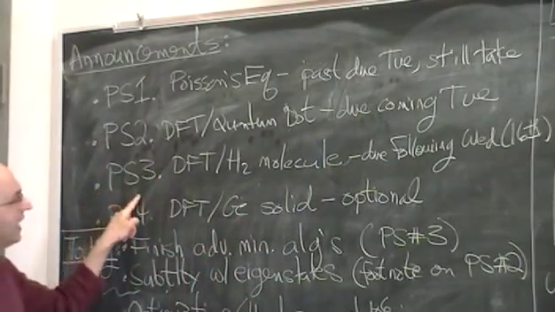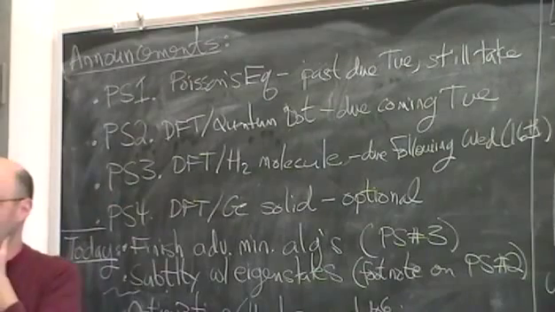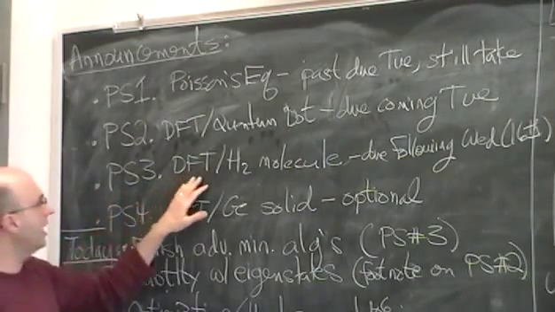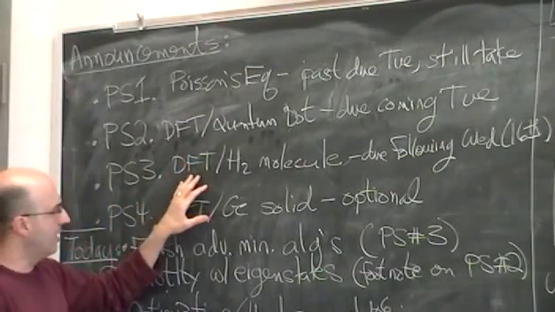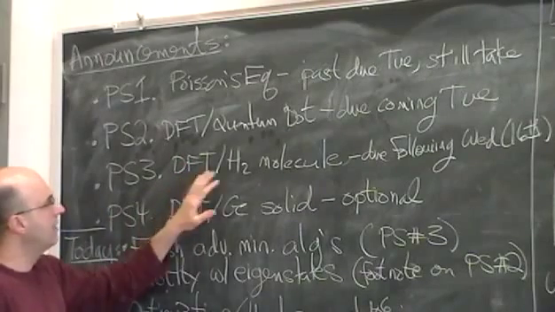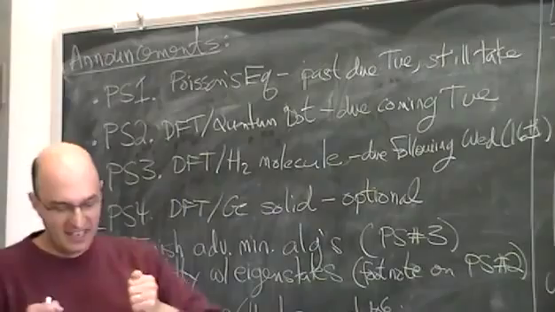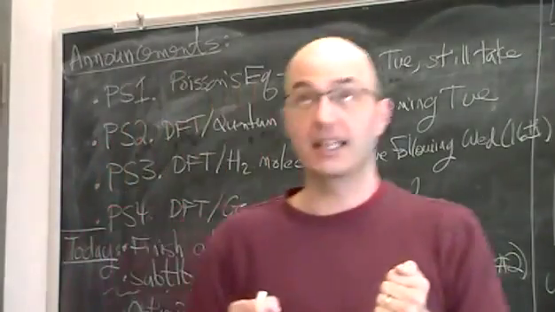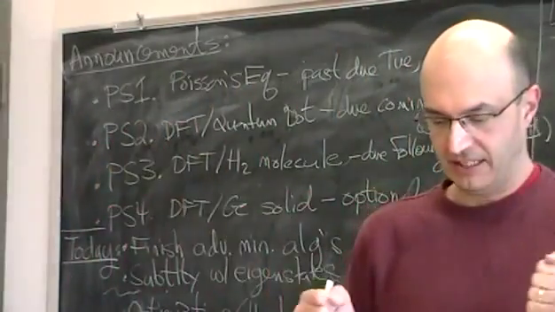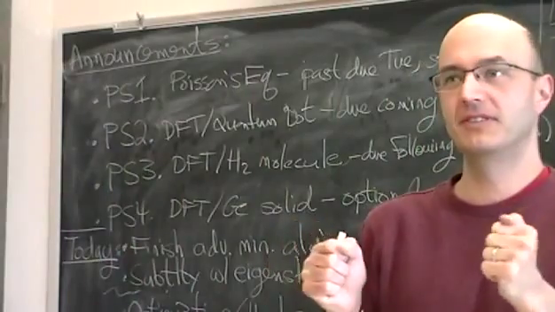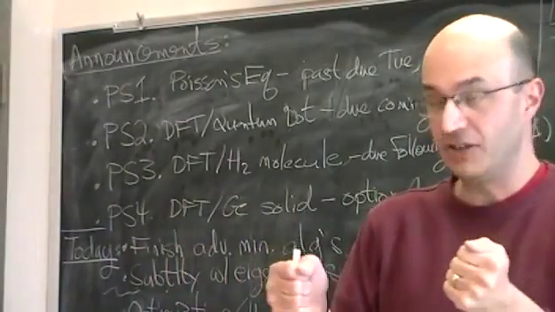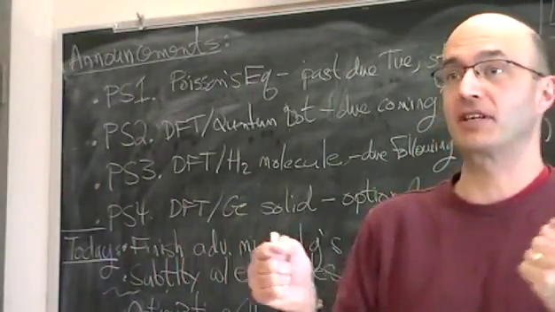Problem set 3 is where I think things are really going to start to get interesting. In problem set 3, you'll build up enough capability to handle a hydrogen molecule. And you'll have a chance to calculate the usual stuff: the bond length of the molecule, the binding energy of the molecule, and the vibrational frequency.